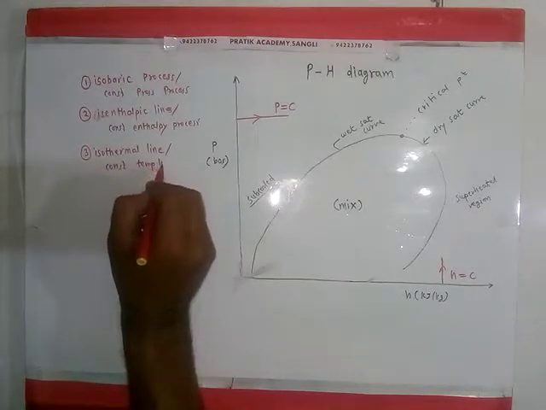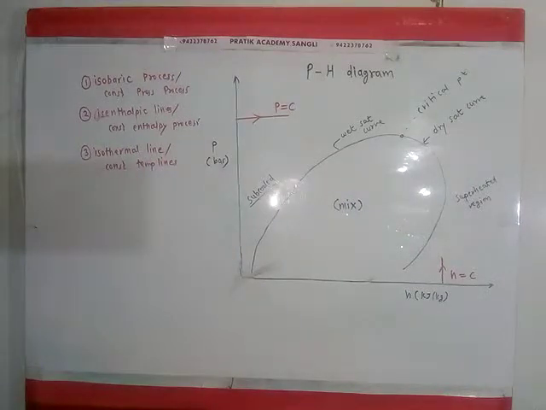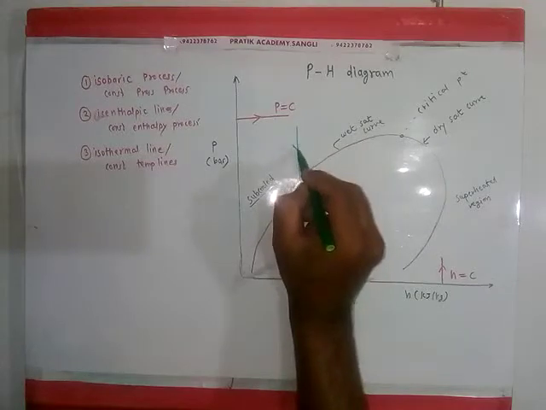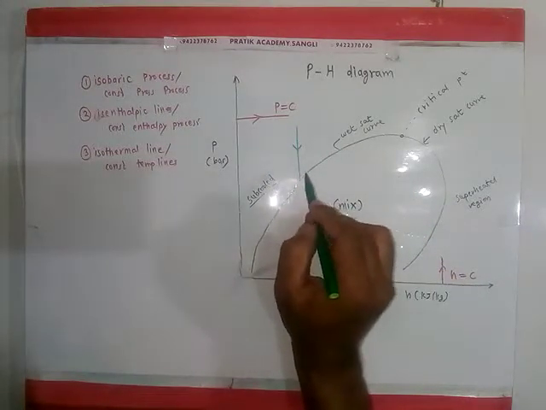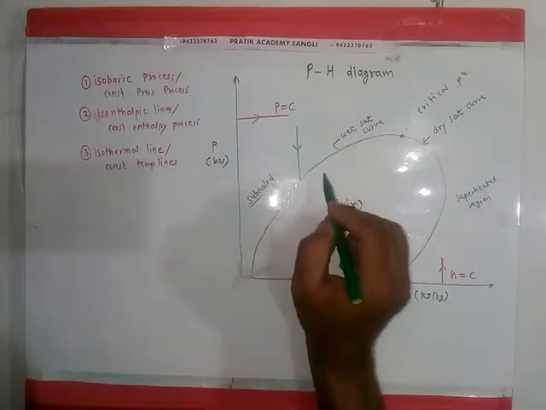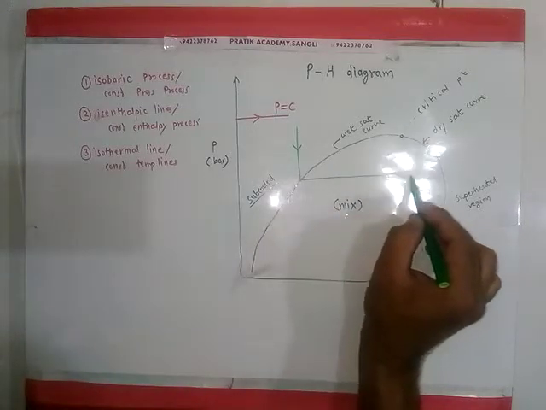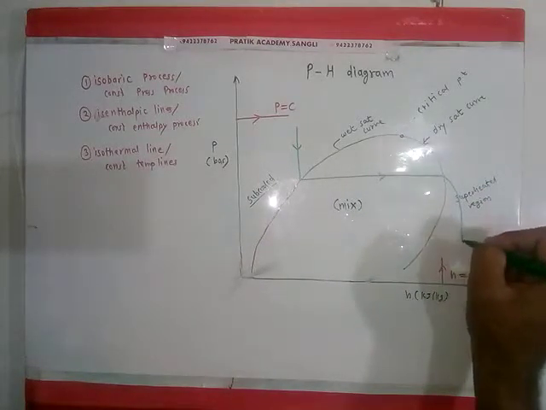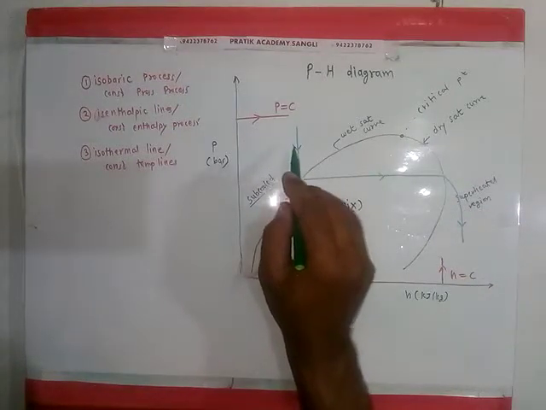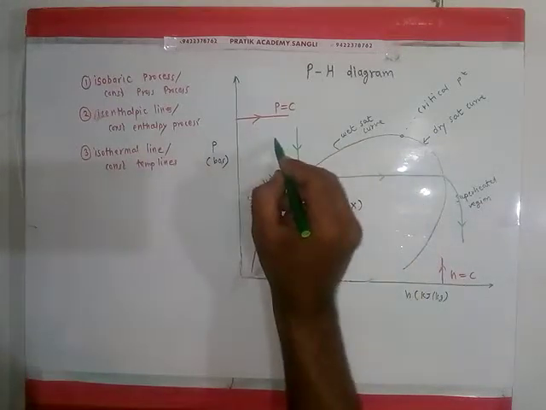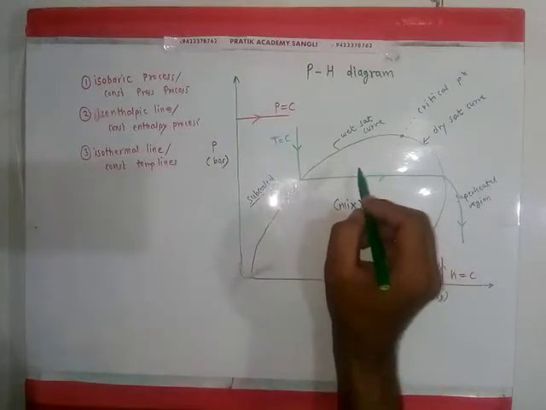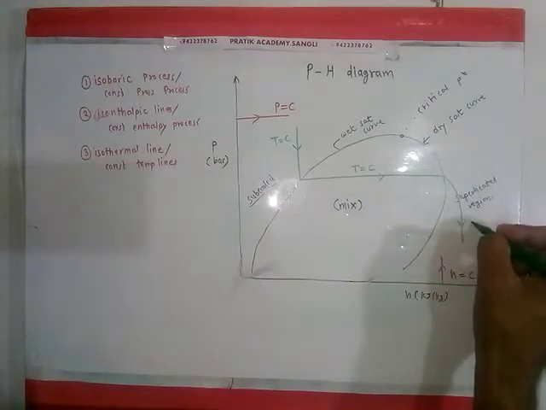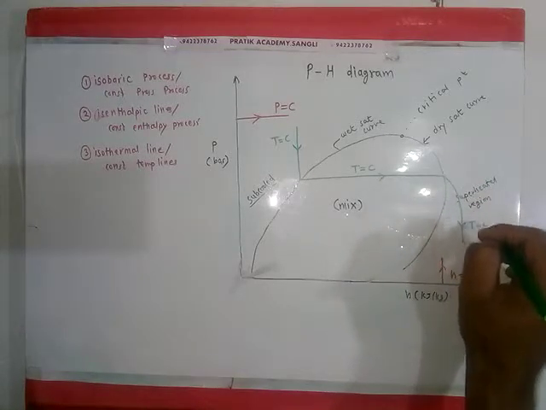How are constant temperature lines represented? Their nature is such that in the subcooled region, on the left side of the saturation curve, they are vertical; within the dome or saturation curve they are horizontal; and after crossing the saturation curve they move in this fashion.